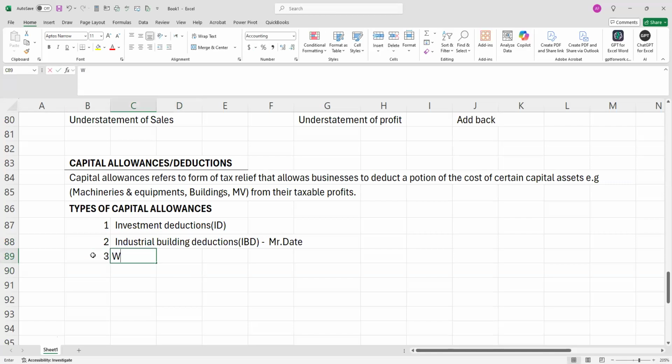Number three, we have wear and tear allowances. Number four, shipping investment deductions.